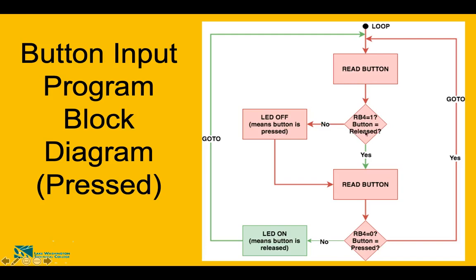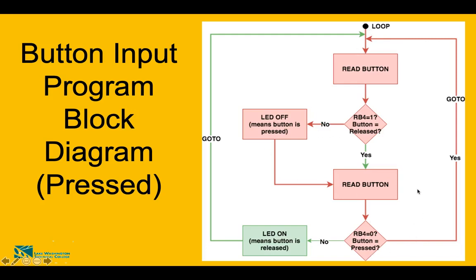If it is not, then no, the LED will be off, and then again it is going to read the button, is the LED equal to 0 or button equal to pressed or not. If it is yes, then again it will go to this read button input. So you see, when the button is pressed, this cycle will be followed.